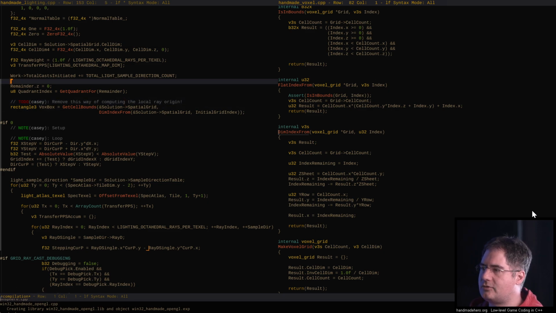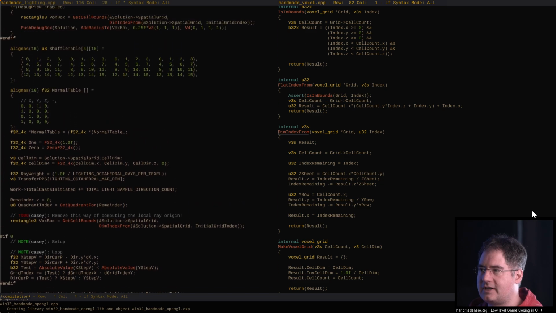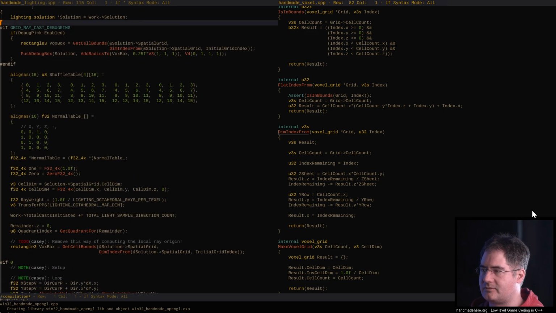And to compute those two values, what we said is they have to be the cell center of the starting cell minus the ray origin. Now, we know the ray origin. It's constant forever because until we exit this routine, we don't move the casting location.